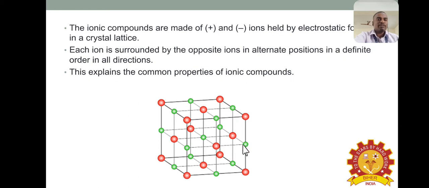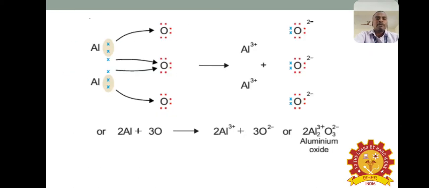You may think of it, but actually, it's not true. Go to this example, aluminum oxide. In aluminum oxide, 2 aluminum 3+ ions combine with 3 oxygen ions. It can give crystal structures. So, the number of atoms is not needed, only charge neutralization.